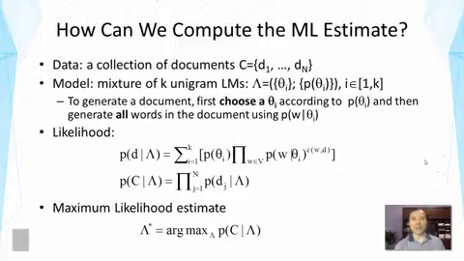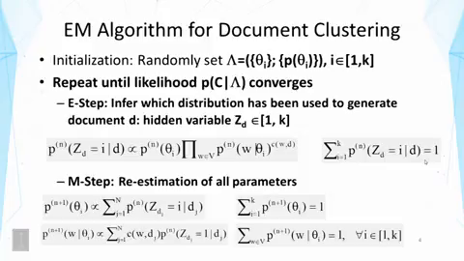Now, as in most cases, the EM algorithm can be used to solve this problem for mixture models. So here's the detail of this EM algorithm for document clustering. Now, if you have understood how EM algorithm works for topic models like PLSA, I think here it will be very similar.